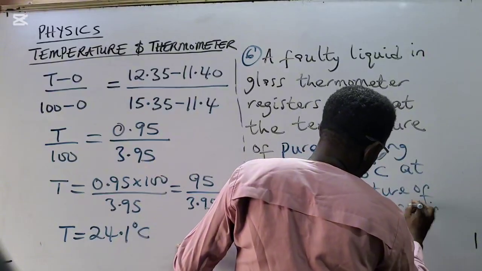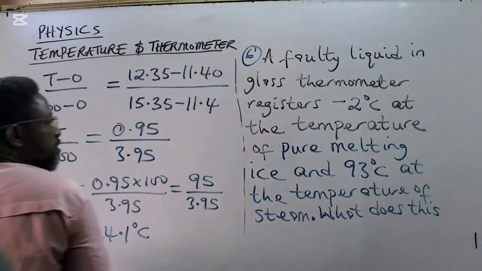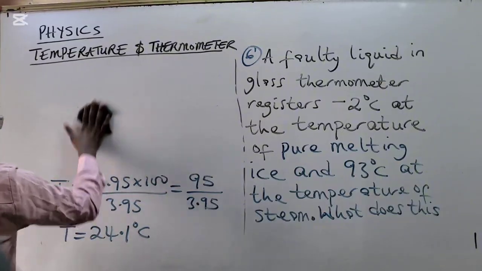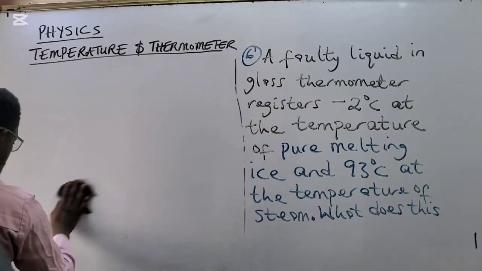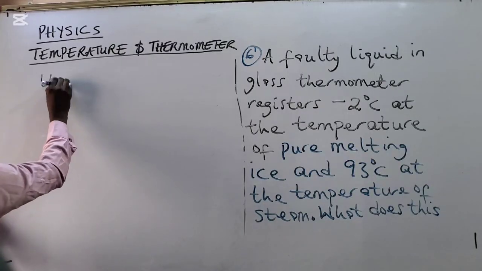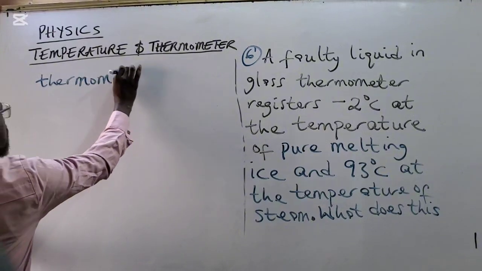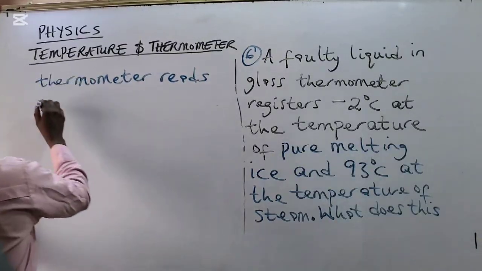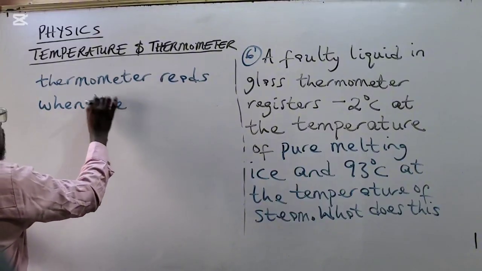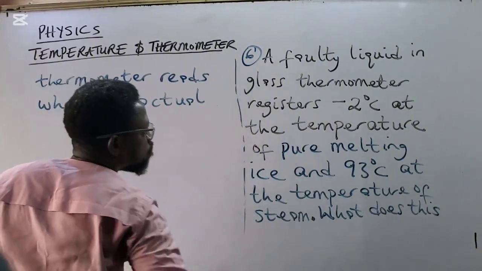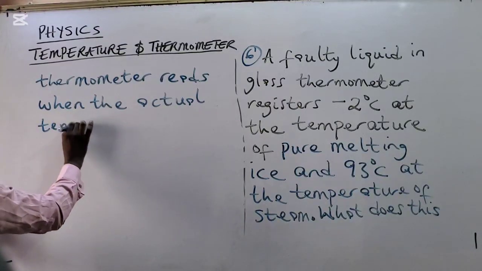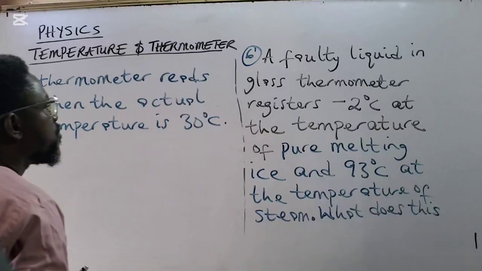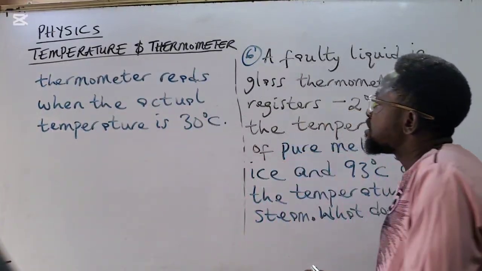What does this thermometer read when the actual temperature is 30 degrees C?